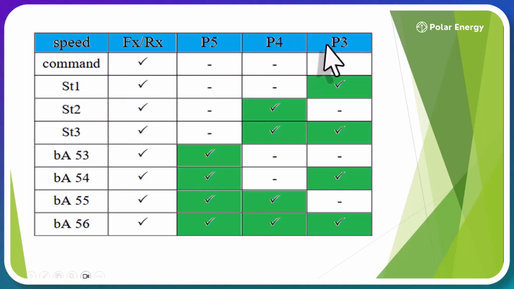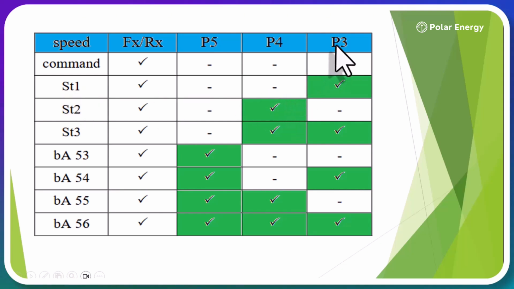Now, how does the multi-step function work? For example, you define P3, P4, and P5 as multi-step frequencies and set them to values 7, 8, and 9. Through the inverter, you can assign 8 different speeds via digital inputs. According to the table provided in the manual, if your first digital input is activated, the value the inverter receives is the one specified in parameter ST1.